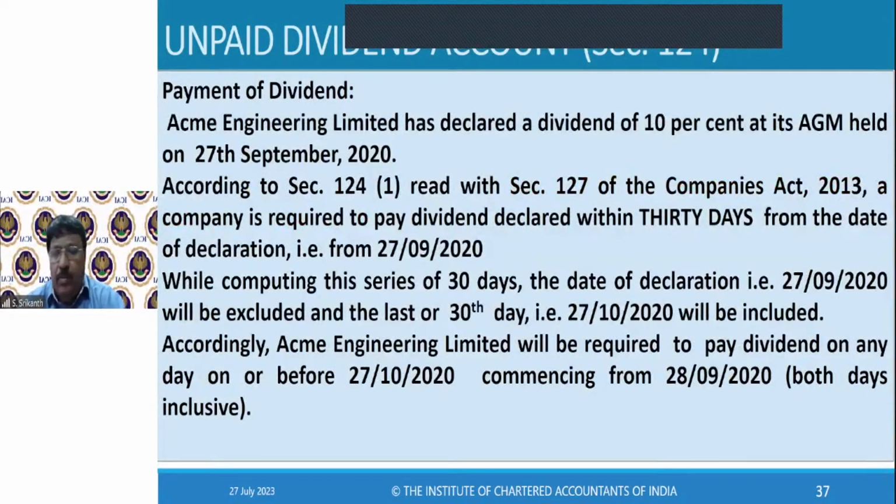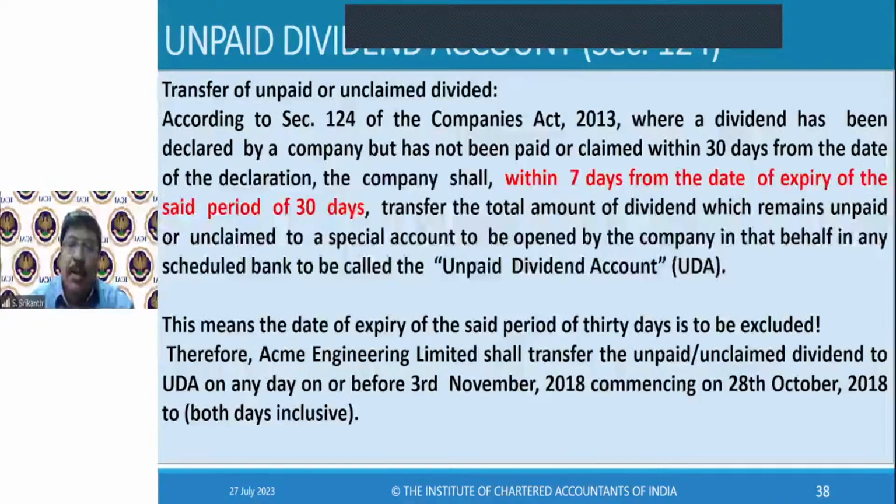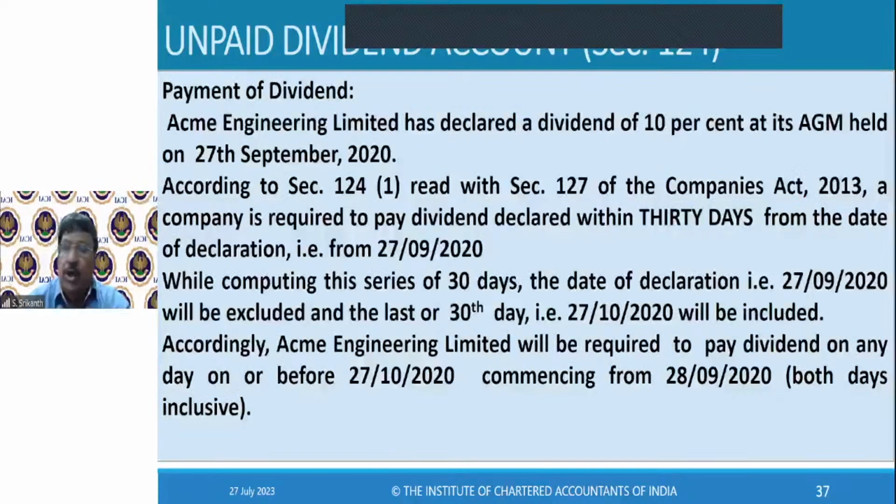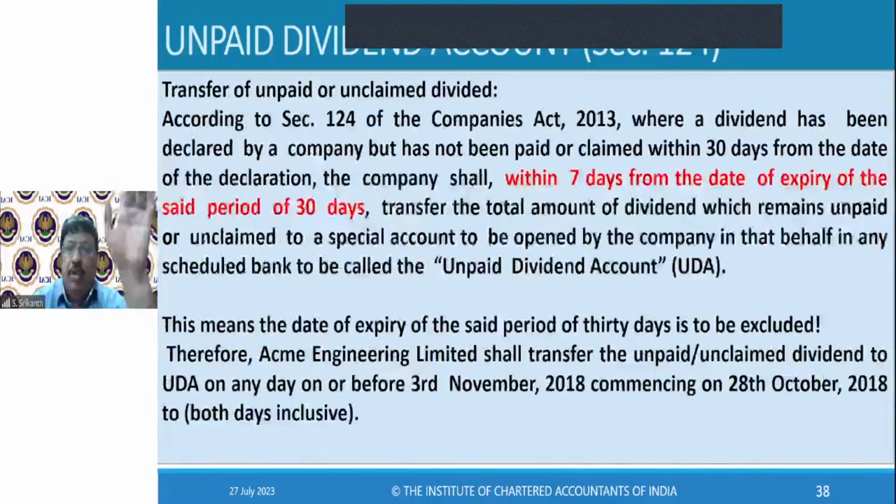See, first of all, let us understand. You yourself have told me that 30 days will be counted from 28th October. So you counted and arrived at 28th October. Now, 28th October is the 30th day.